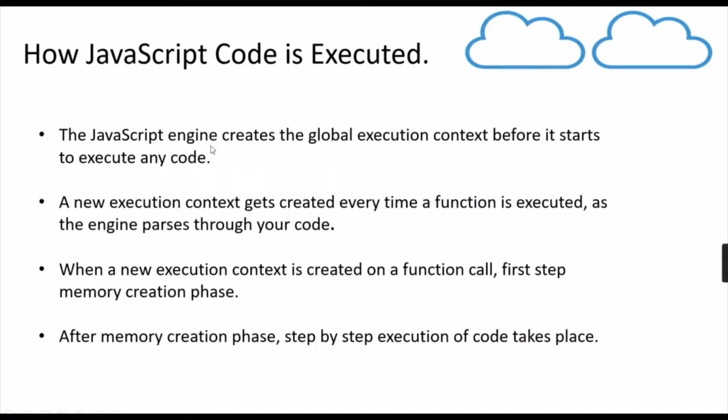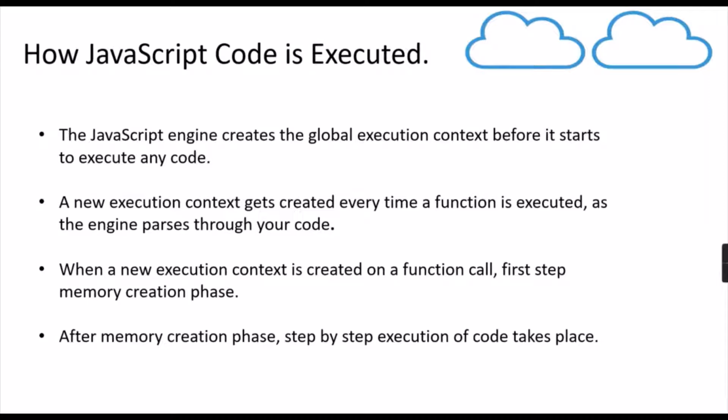How is JavaScript code executed? The JavaScript engine creates a global execution context even before it starts to execute any portion of the code. A new JavaScript execution context gets created every time a function is called and executed as the engine parses through your code. So whenever there is a call to a function and the function starts executing, a new execution context will be created.